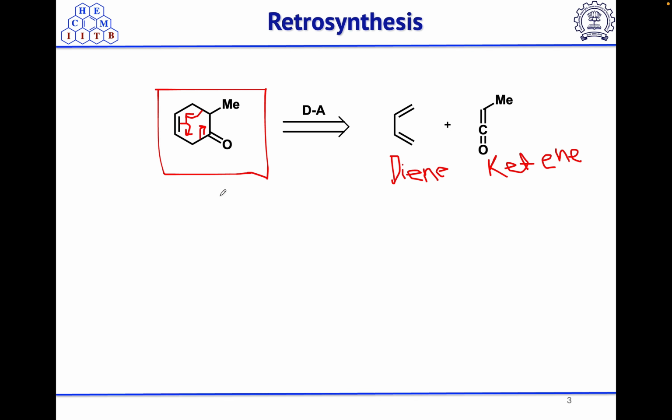Again, we can think about a Diels-Alder reaction, but that time we need to use a different dienophile instead of ketene to get this molecule.